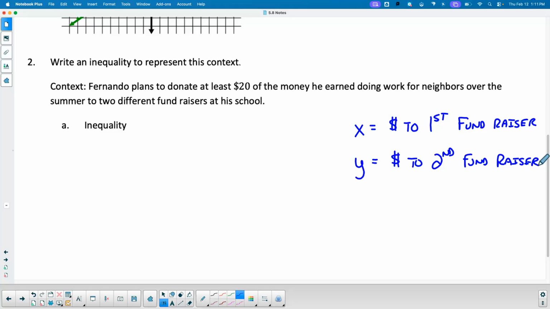Okay, so if somebody give me an inequality, let's donate it at least $20. Like that? Agree with that?